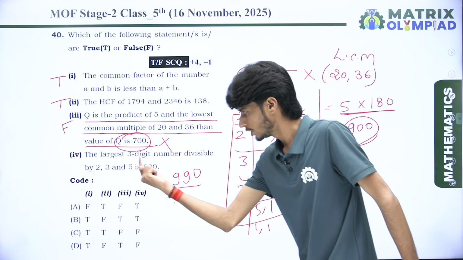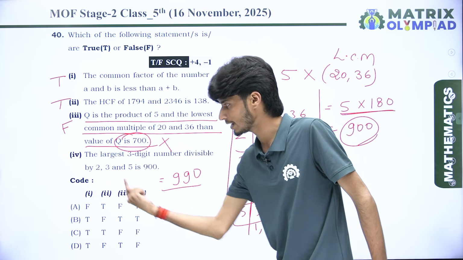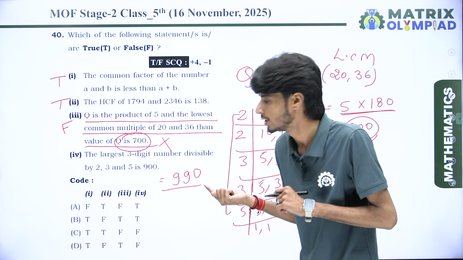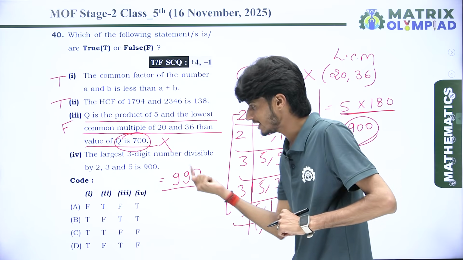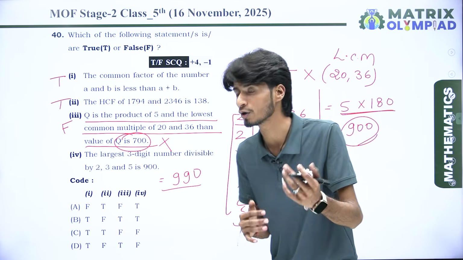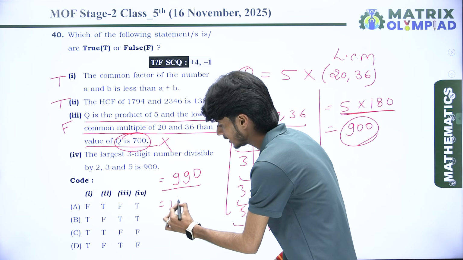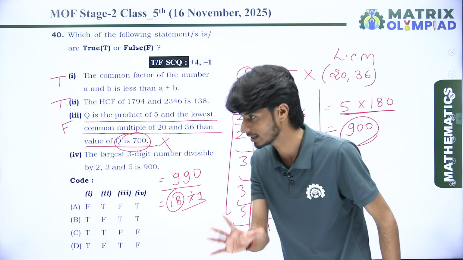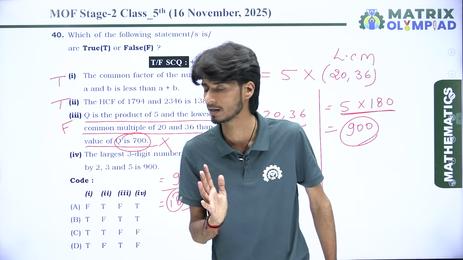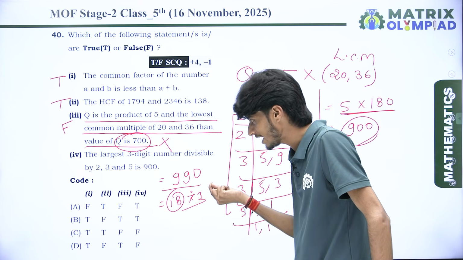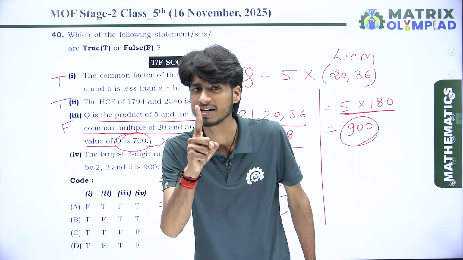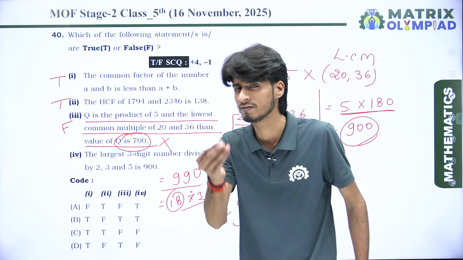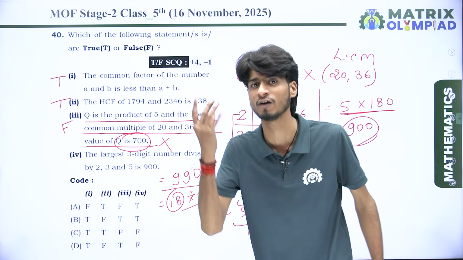Look, 990 is properly divisible by 2 because the unit digit is 0. 990 is properly divisible by 3 because the sum of all digits is equal to 18, which is properly divisible by 3. 990 is divisible by 5 because the unit digit is 0. Then we say 990 is properly divisible by 2, 3 and 5.